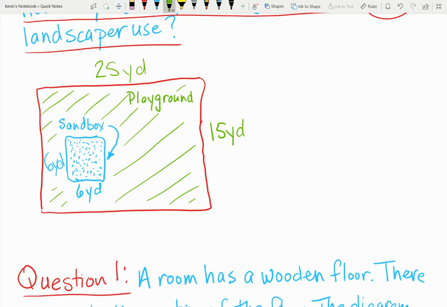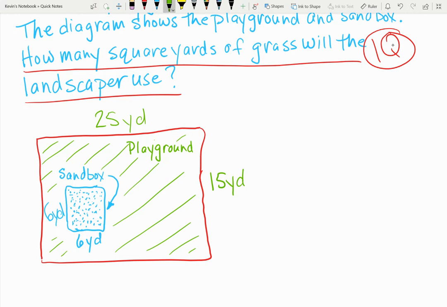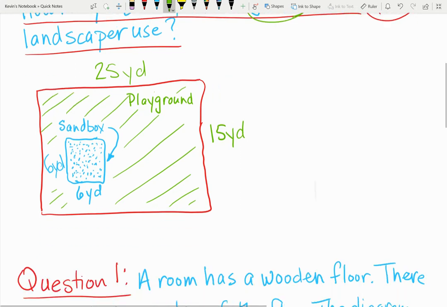Now, the question's asking us, let's go back up to the question, how many square yards of grass will the landscaper use? So how many square yards of grass will this landscaper use?